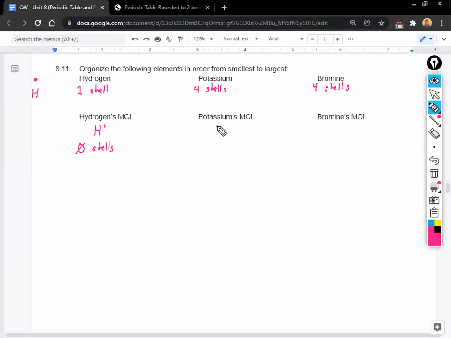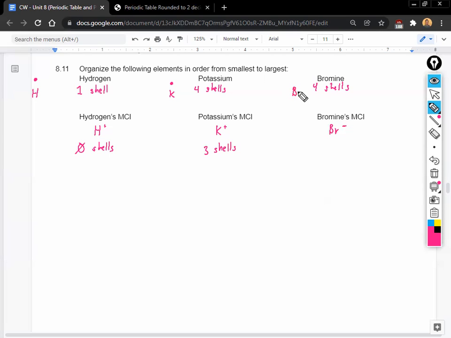Let's look at potassium. Potassium is K+. Potassium only had 1 valence electron, so if I lose an electron, how many shells does K+ have? 3. And then lastly, bromine. Bromine's MCI is Br-, so it gained an electron.